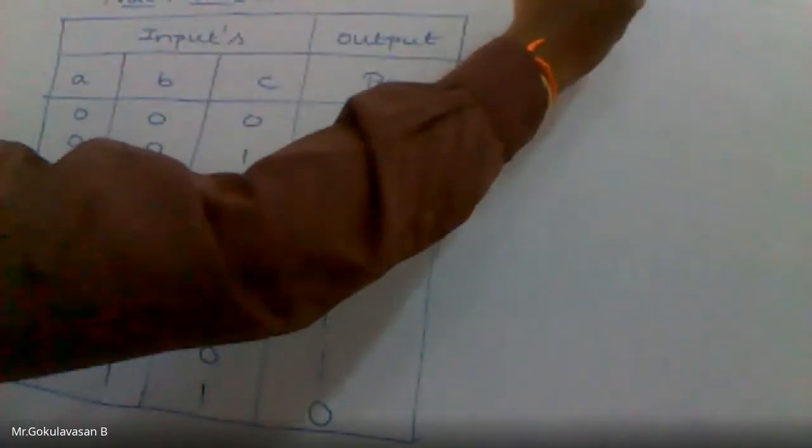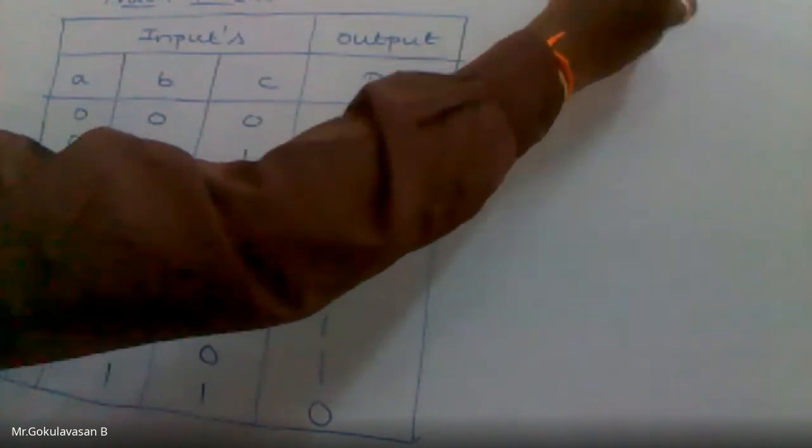We have to go for K-maps for finding the output Boolean expression. Here, how many K-maps have to be drawn? If you don't know the correct answer, no issues. You can guess it, no problem.